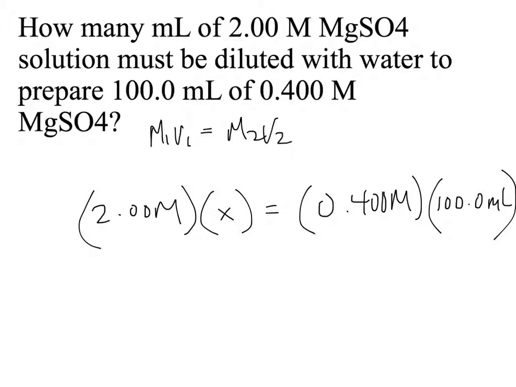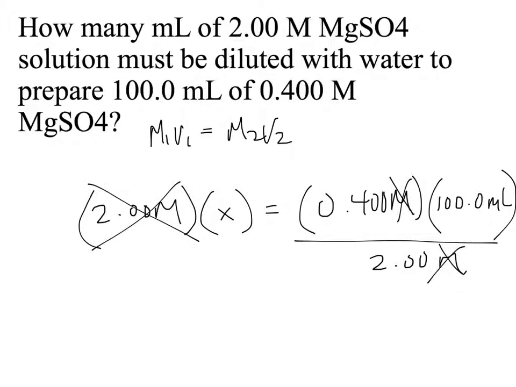Well, all I have to do is solve for X. I need to get it by itself, so I'm going to divide by 2 molar. This goes away. Molar goes away. So if I take 0.4 times 100 divided by 2, this is going to tell me that I need 20 milliliters of that magnesium sulfate solution.